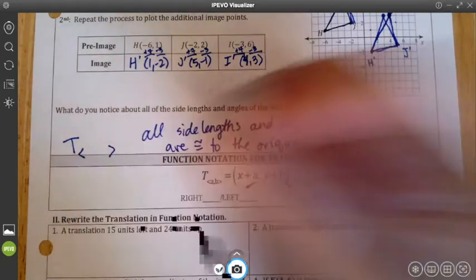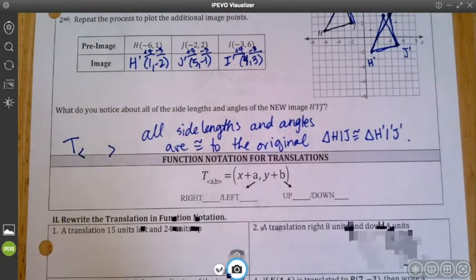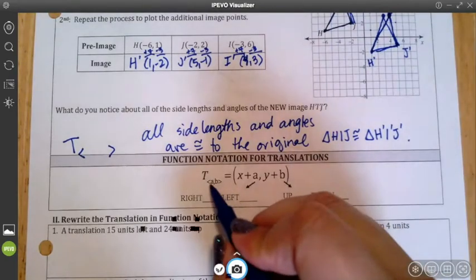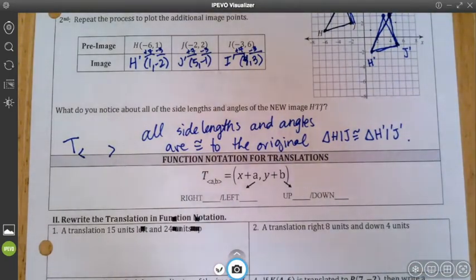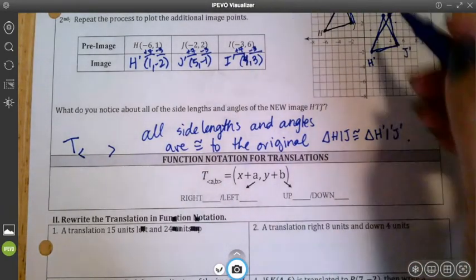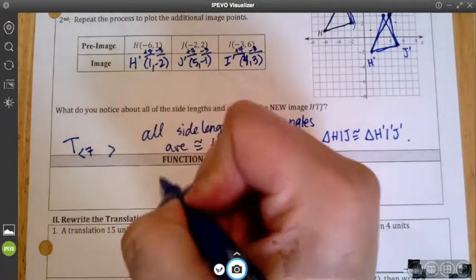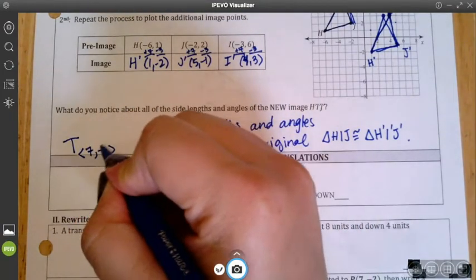And in the future, we'll refer to that as vector notation. So we can call this a vector because it's got the pointy brackets. That means it's going to be a movement. X was a +7 change and Y was a -3 change.